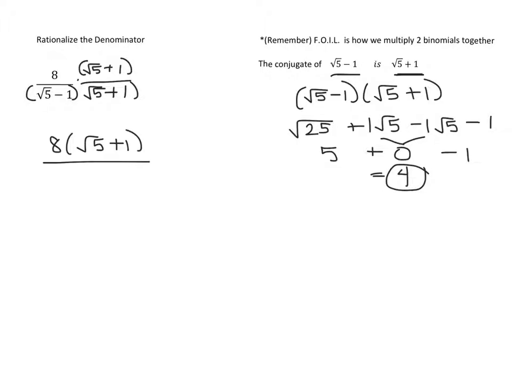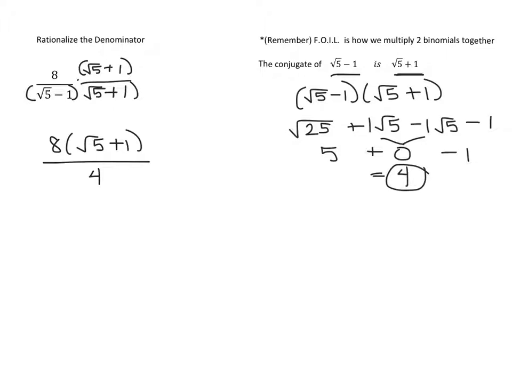So I would wait to do any kind of multiplication in the numerator. So I'm going to leave it as 8 times the square root of 5 plus 1. And in the denominator, if you remember to the right, we multiplied using the FOIL method, and that gave us the number 4. So this is what I was talking about.